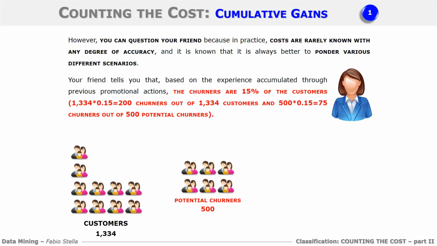To help solve this problem, your friend tells you that based on the experience accumulated through previous promotional actions, the churners are estimated to be around 15% of the customers.